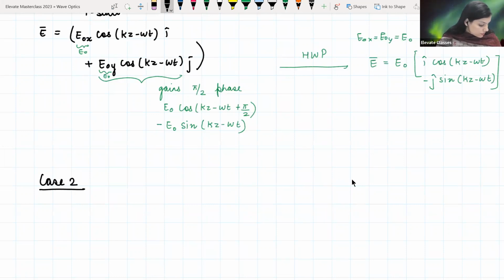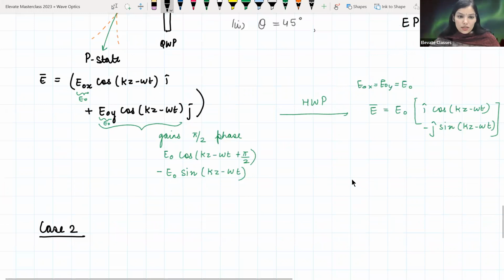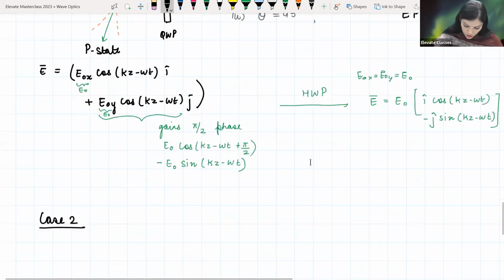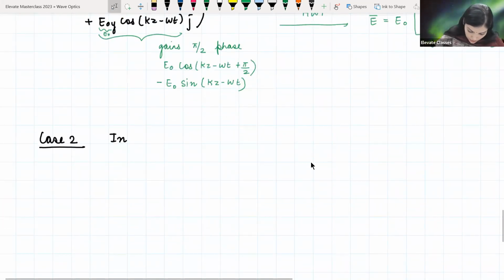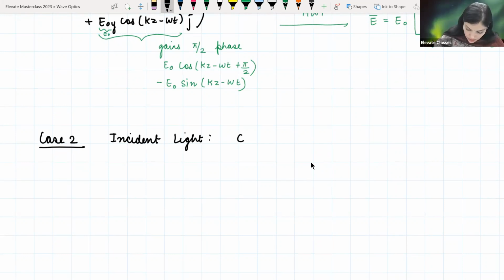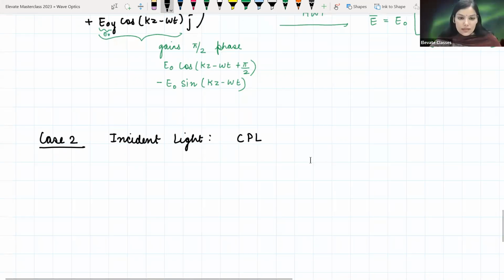that now I'm considering that the incident light is actually a circularly polarized light. So quarter wave plate के ऊपर जो light incident हो रहा है, that is a circularly polarized light.